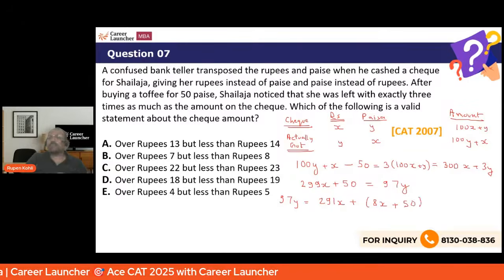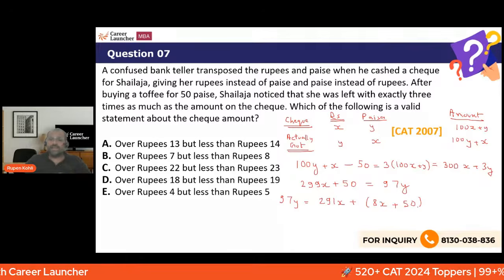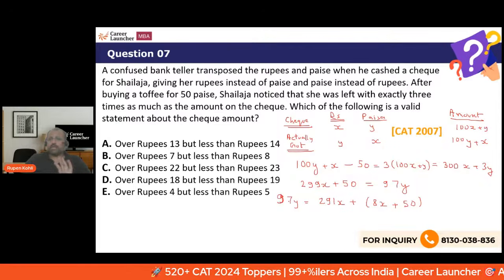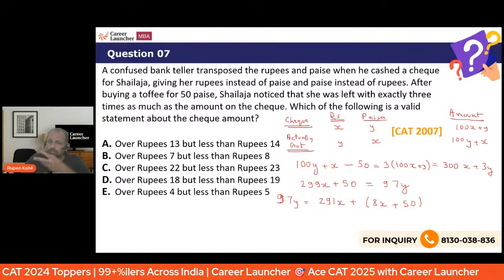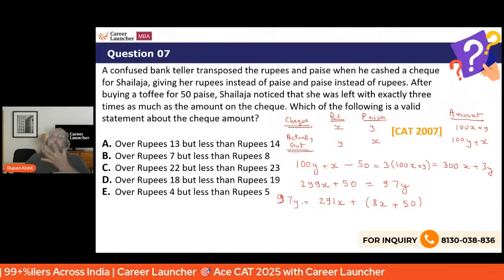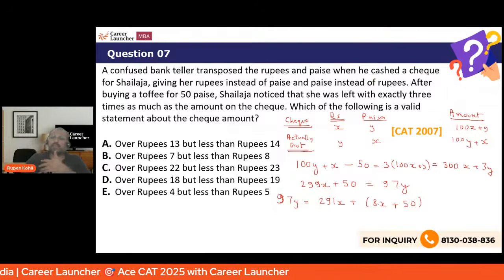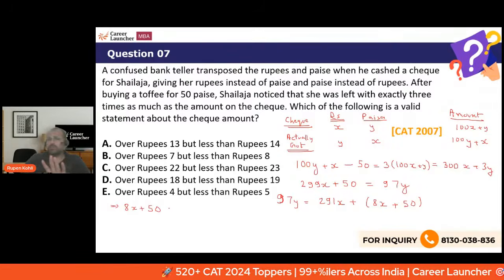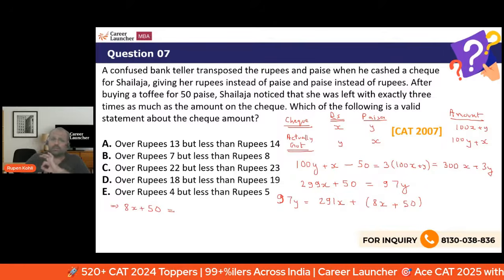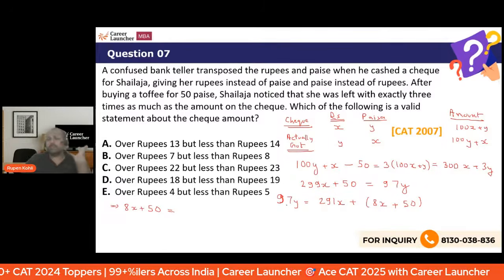This 8x plus 50 is easy to work with, in the sense that it needs to be a multiple of 97, right? So let me start putting the values of y as 1, 2, 3, and see when I get an integer value of x. First of all, 8x plus 50 is an even number, so I need not consider odd multiples of 97.